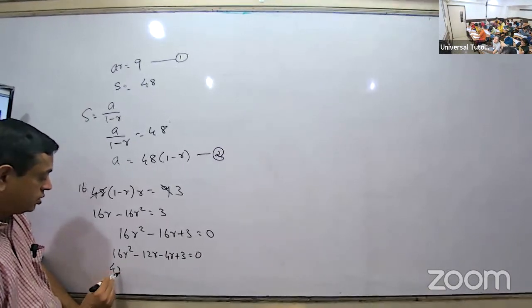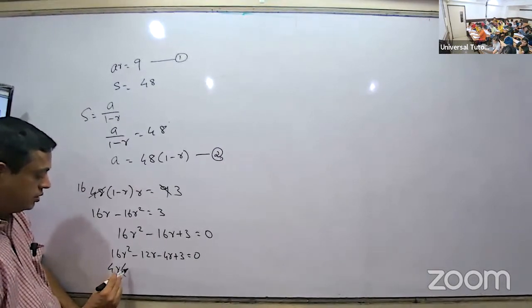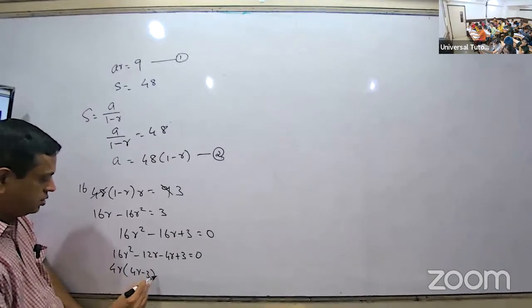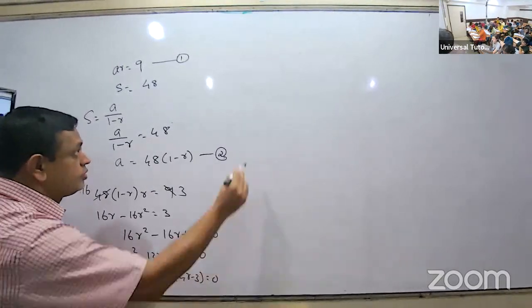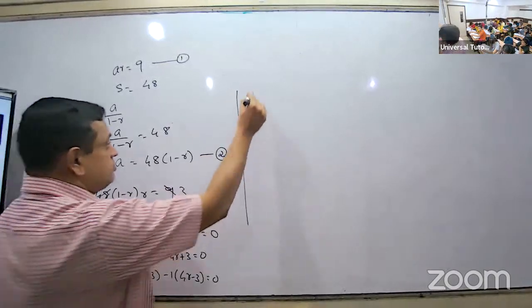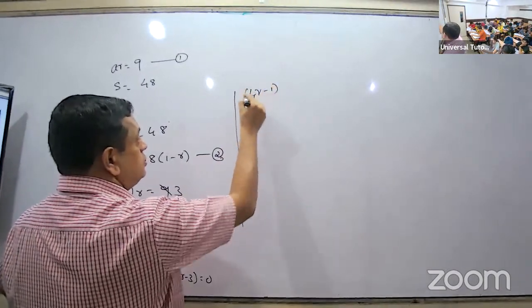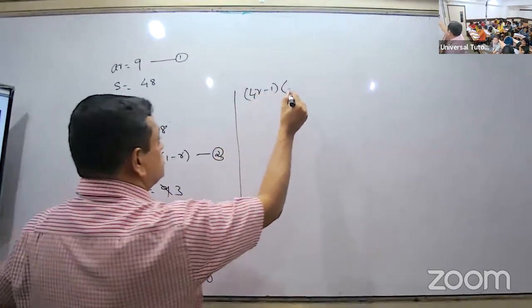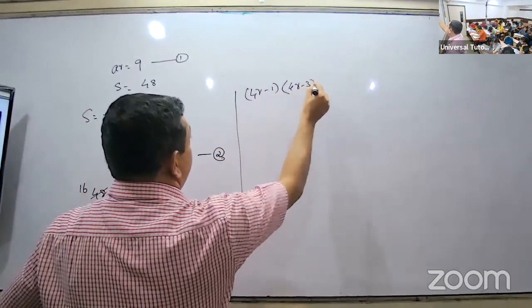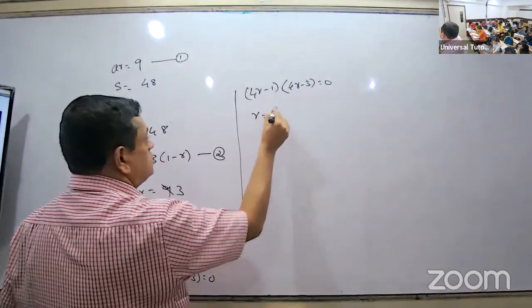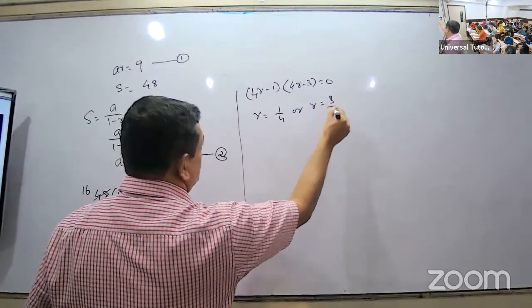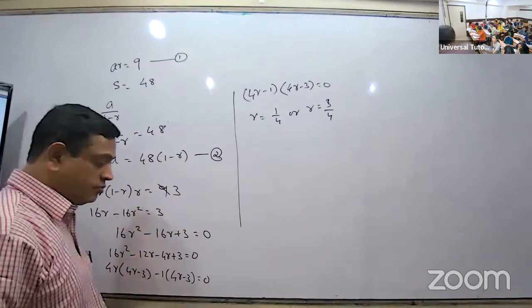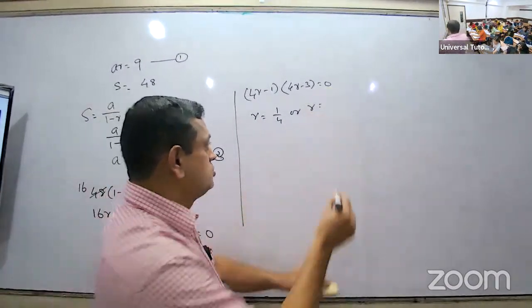So it is 4R into what will you get here? 4R minus 3, minus 1 into 4R minus 3. So 4R minus 1 times 4R minus 3 is equal to 0. R is equal to 1 by 4 or R is equal to 3 by 4. Both possible? Yes, according to this one, both are possible now.